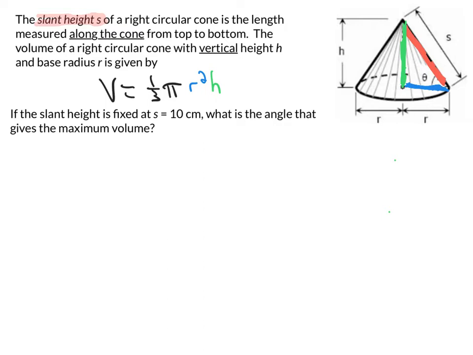So, obviously our problem right now is that we don't have the angle at all, and we need to get that into the problem. So we're going to use that right triangle over there, and we're going to do some trig and say that R over S is clearly the adjacent over the hypotenuse, so that's going to be the cosine of our angle, theta.